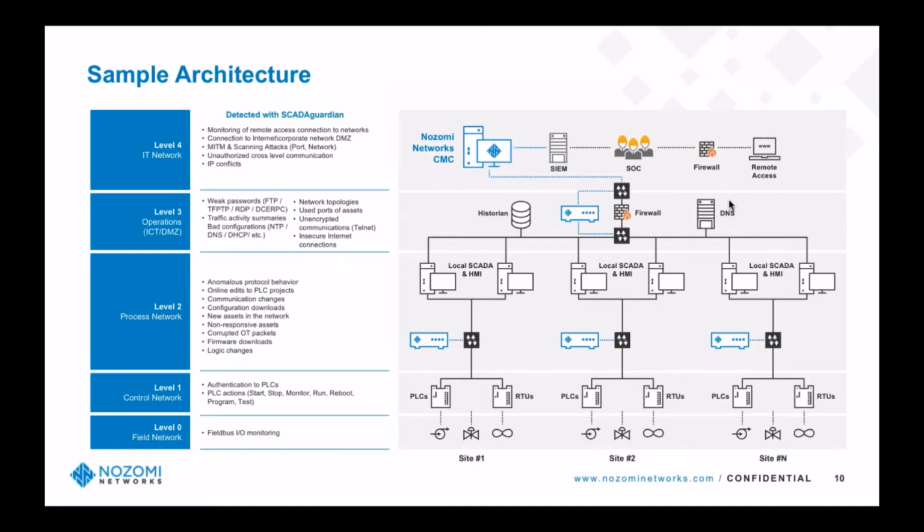Up top in level 3, this would be like a control room with an industrial deep packet inspection firewall, and in the level 2 region along with a switch. So this is why a passive approach is very important, because we're not injecting any new packets into the network, which can cause issues either from a risk standpoint or even just a standard regulation standpoint for the grid.